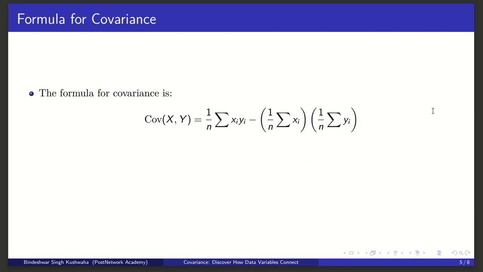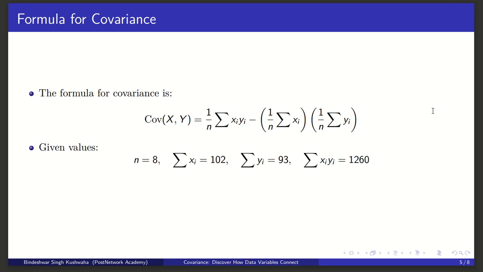The formula of covariance is 1 upon n summation over xi yi minus 1 upon n summation from 1 to n xi into 1 upon n summation yi. Now the number of observations is 8, the sum of xi is 102, the sum of y's is 93, and the sum of the products of xi and yi is 1260.